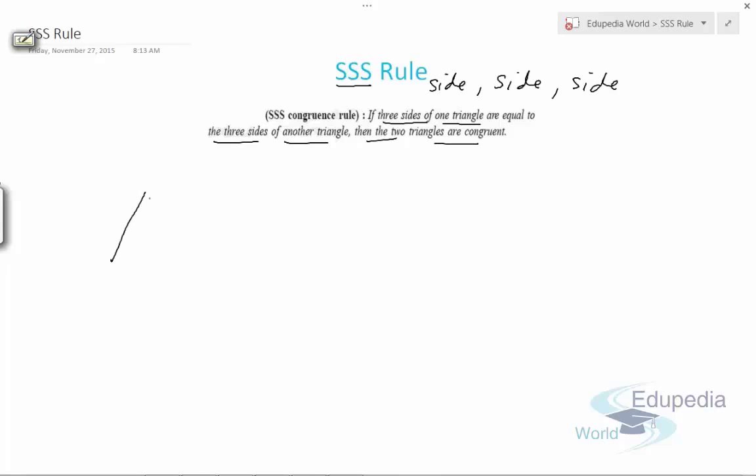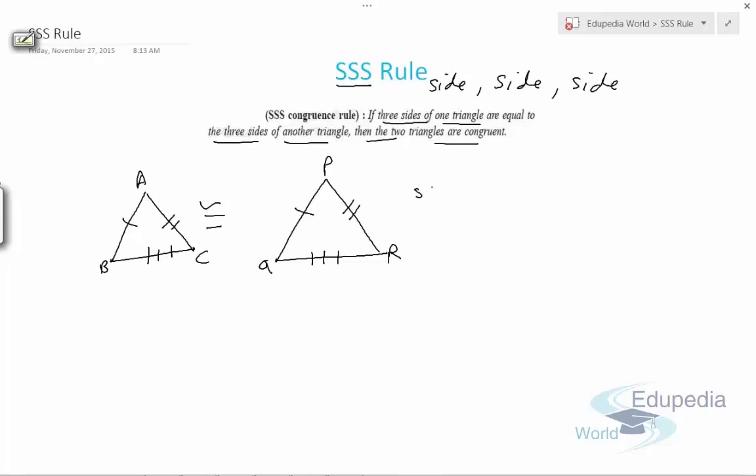Let's suppose we have two triangles, triangle ABC and triangle PQR. Let's say this side equals this side, and this side equals this side, and this side equals this side. So we can say that these two triangles are congruent by SSS rule. What does SSS rule mean?